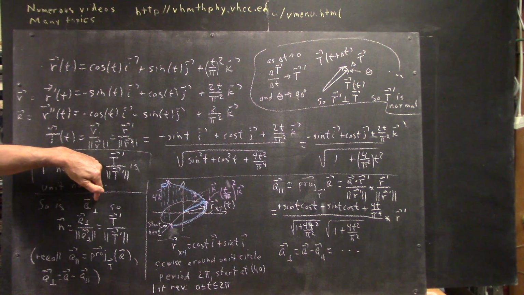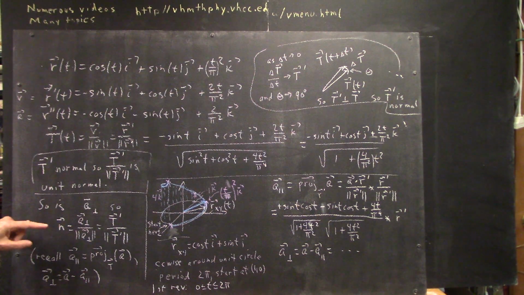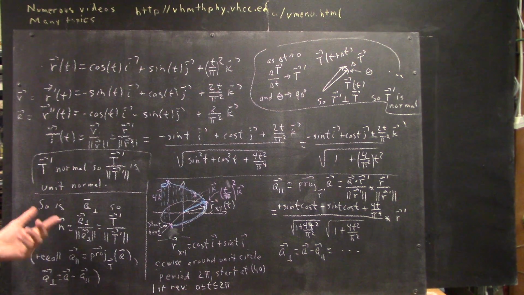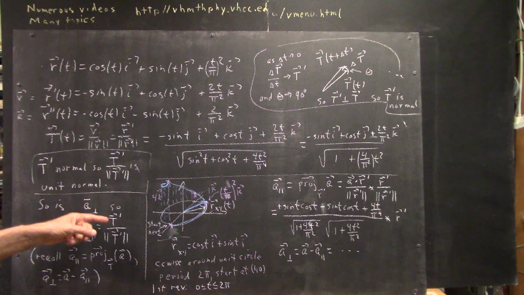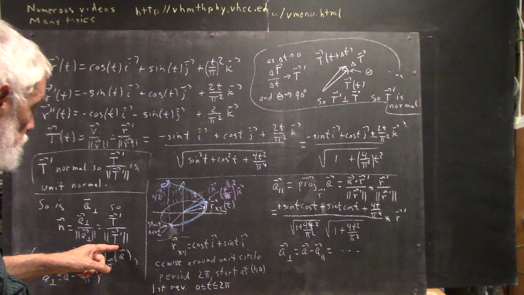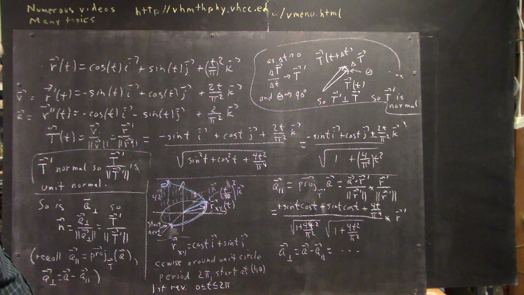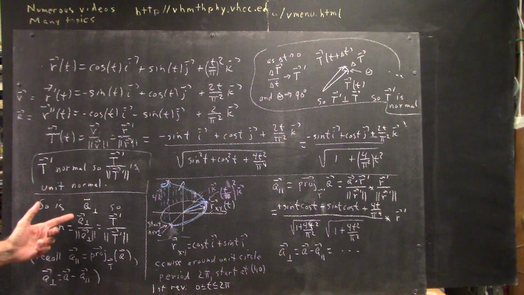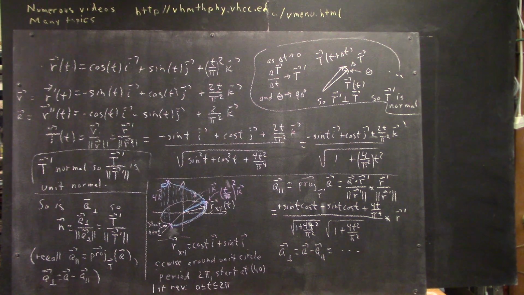So the A perpendicular is normal. The N vector is our unit normal. If we do A perpendicular divided by the magnitude of A perpendicular, we get the unit normal. That's the same thing we get if we did the derivative of the unit tangent vector divided by the magnitude of that derivative. And you really ought to calculate at least one of them both ways.